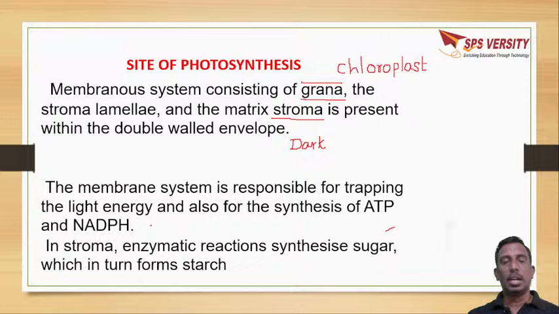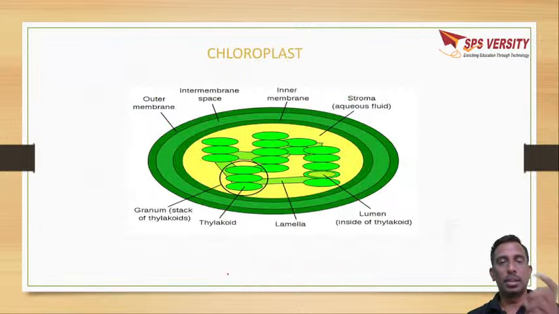That is, during light reaction, light energy is converted to energy currency, that is ATP and NADPH. In stroma, by using this ATP and NADPH, carbon dioxide is reduced and it will form starch. So this is the site of photosynthesis. The site of photosynthesis is chloroplast.